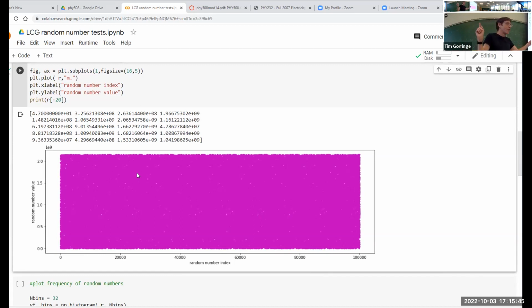From 0 to 100,000 is an index for the random numbers, and then we're generating random numbers from 0 to, it was 2 to the 16, I think, this one. So this is where 2 to the 16 is, and we just filled up the space. It looks sort of vaguely random because it's just magenta everywhere in the plot, but we're not statistically testing that it's random.